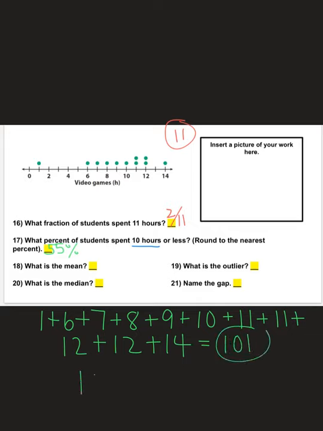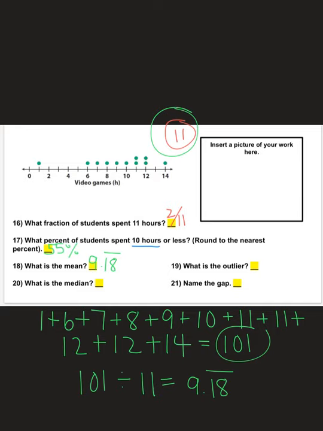And then you'll take your 101 and divide by how many data points we have. And remember, in the beginning, the first thing we did was add up how many dots we have. So we have 11 data points. 101 divided by 11 should get you 9.18 repeating. So what is the mean? 9.18. Remember that little line above the 18 if you can get it there, meaning it's repeating.